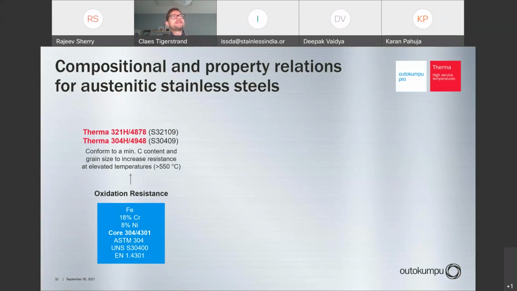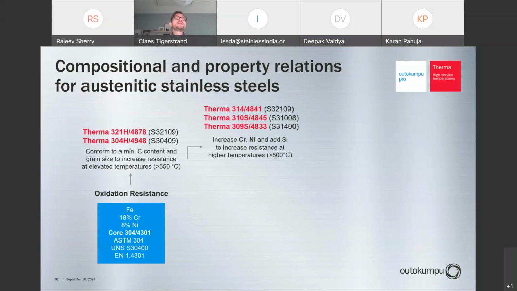And basically, how do they differ from the standard grades that we have within the Core family? With the H, according to the standard, you need to conform to a certain minimum carbon content, which you are not allowed to go below. And very importantly, you need to have a grain size of a certain size to increase the resistance at elevated temperature from 550 up to about 800 degrees C.